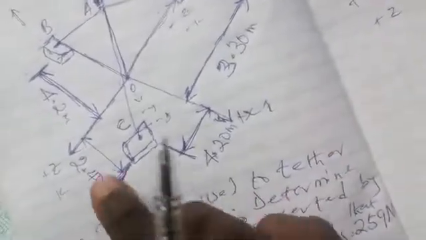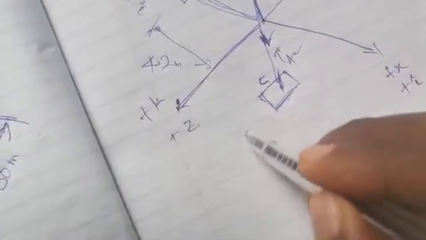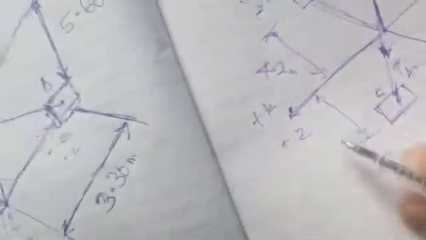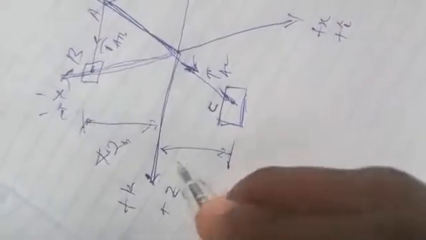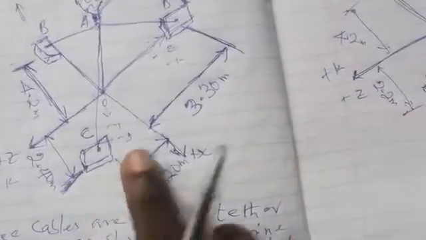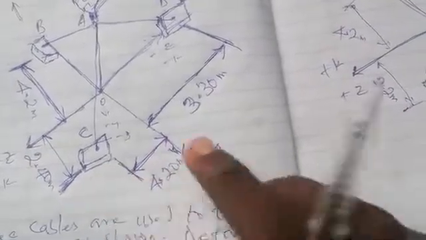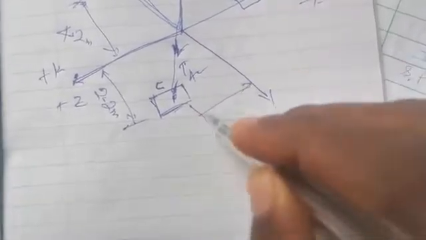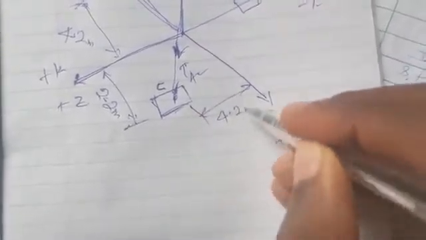We also have this distance of 2.2 meters from Z to C. Also, the distance from X to point C is 4.2 meters, so we indicate that from X to point C we have this 4.2 meters.